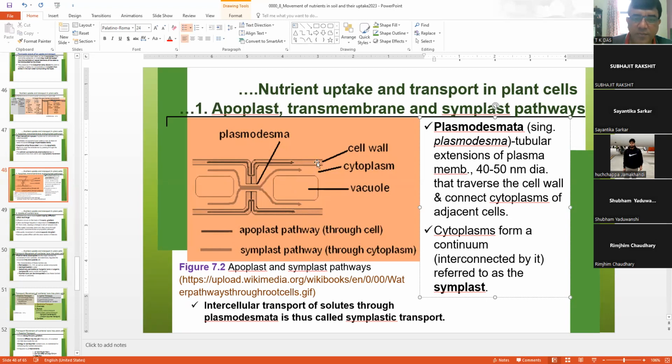And this is your cytoplasm. So from cytoplasm, the materials can go through this plasmodesma to the another cell. And this is in continuum. Symplastic pathway. So both can be seen in this picture. Cell wall you can see, cytoplasm you can see, vacuole you can see, apoplast pathway you can see, and symplast pathway you can see.